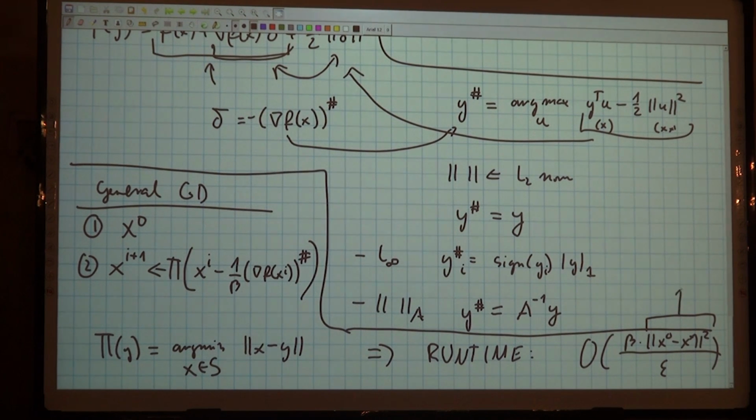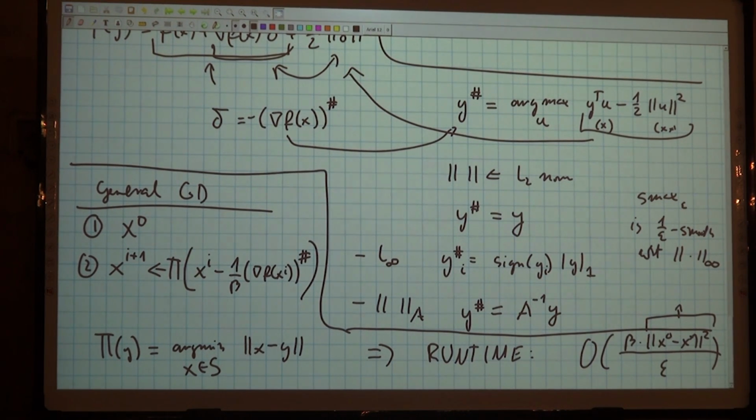In particular for max flow, you can show that the smax function is still 1 over epsilon smooth even in the L infinity norm. It was 1 over epsilon smooth in the L2 norm, but it's also 1 over epsilon smooth in the L infinity norm. So we don't lose anything there, but the big gain is in the initial distance.